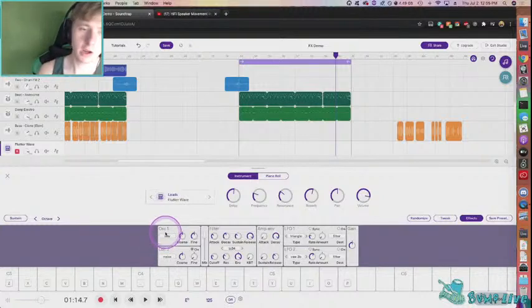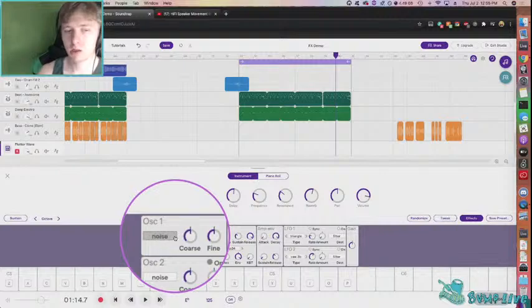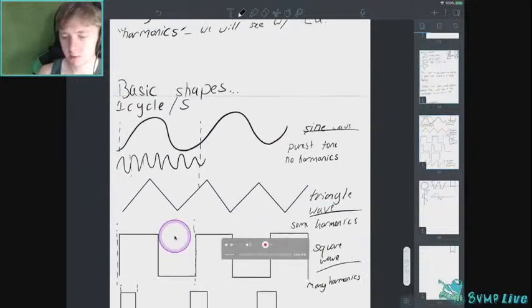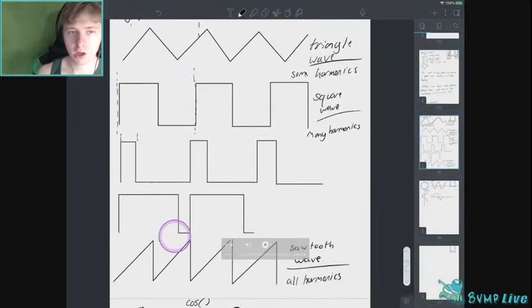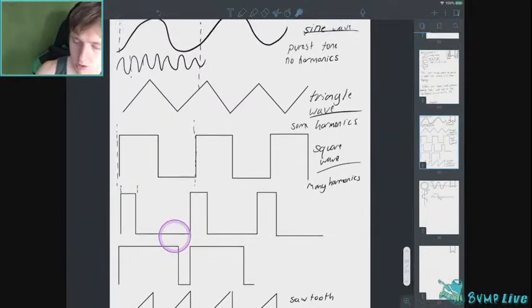So, you got your two oscillators here with your choice of wave shape. Again, the wave shapes are like so. Sine, triangle, let me use my laser pointer. Sine, triangle, square, and that square can be stretched or pulled out, right?